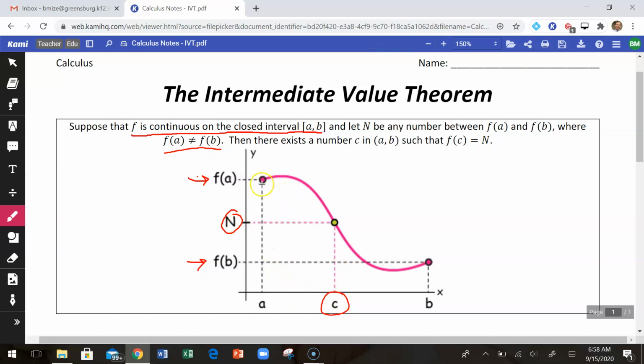So again, I know this is a continuous function, and I know that my y values at a and b are different, and so there is going to be an x value between a and b where I hit a y value between the y value at a and b. Okay, that's the main setup.